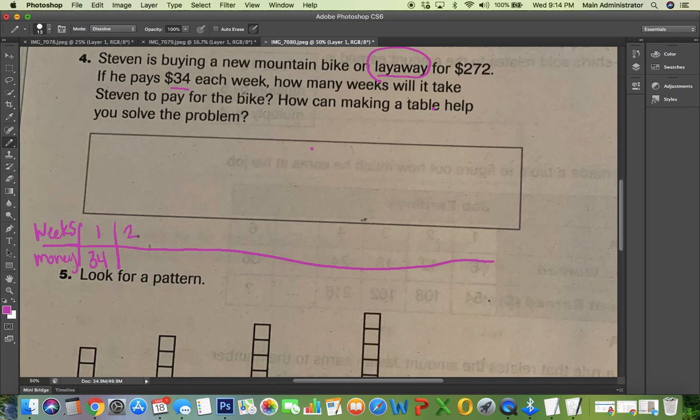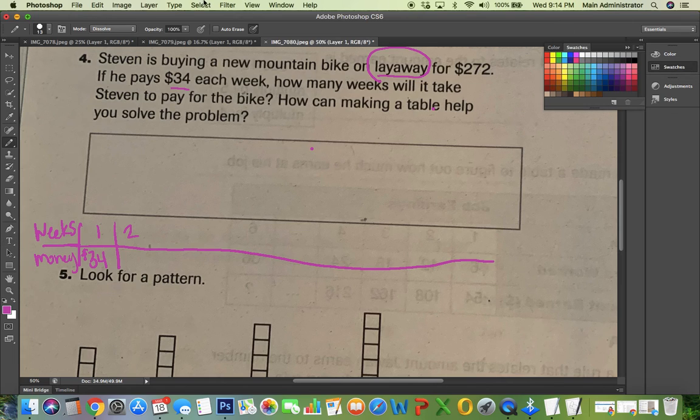In the second week, looks like I'm going to go 34 times 2, right? Oh no. Well, every week is $34, so I'm going to put how much payment he's made at the bottom. So instead of money, I think I'm going to write the word payment. That would make more sense to me.